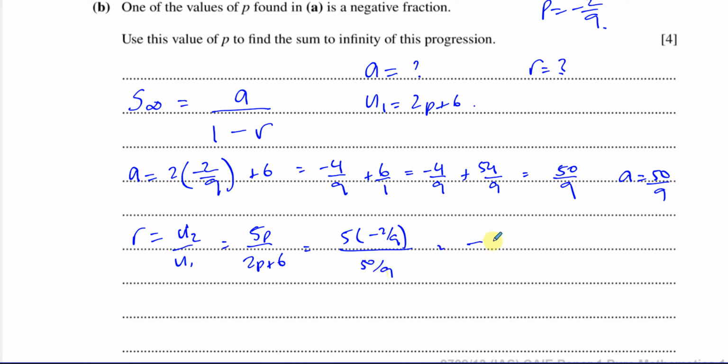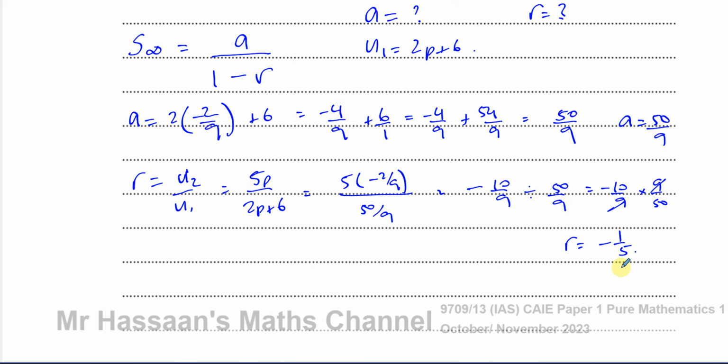So you end up with −10/9 divided by 50/9, which is −10/9 multiplied by 9/50, so the common ratio is −1/5. So the first term is 50/9, and the common ratio is −1/5.